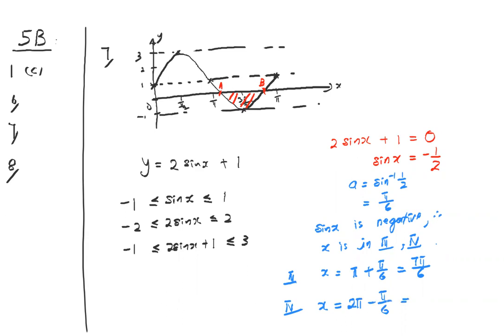So 2 times 6 is 12, 12 minus 1 is 11 pi by 6. Yeah. So therefore, I want to find the area bounded by that. Because the area is below the x-axis, I will put 11 pi by 6 at the bottom and pi by 6 on top. Then you integrate, you will get the answer. Are you clear?